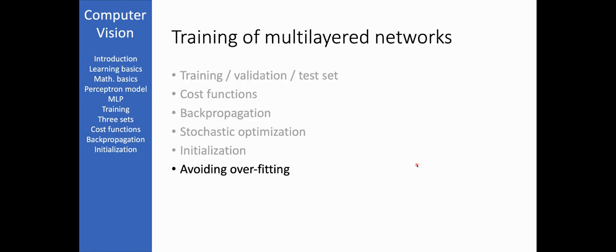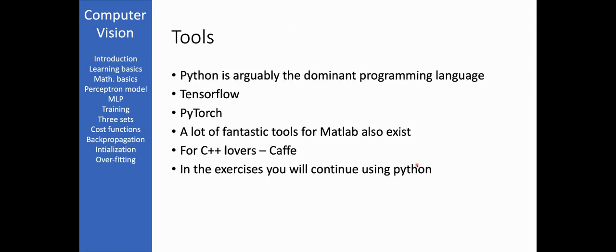The very last thing, due to time, I will skip the overfitting part, but I want to say that there's quite a bit of tools that are available. Python is probably currently the dominant programming language for deep learning and computer vision. There are quite a number of libraries, TensorFlow and PyTorch, and I believe you're going to use PyTorch in the exercises. And there are also quite a number of tools for MATLAB.